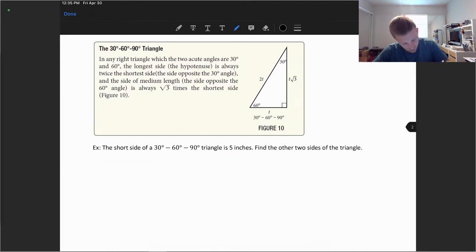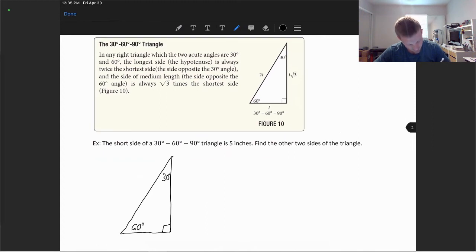Let's label that triangle once again. 30, 60, 90 is back, and our short side here is going to be 5 inches.